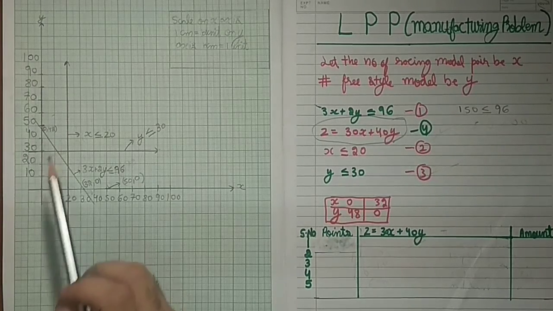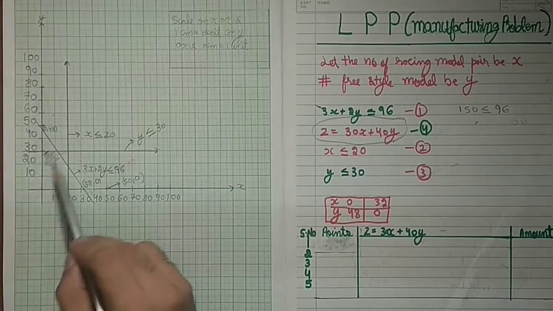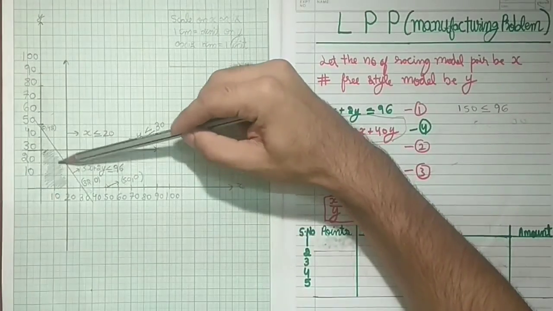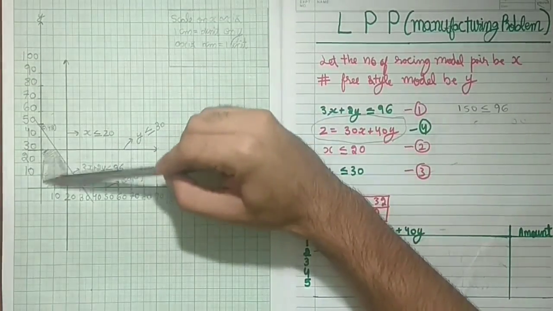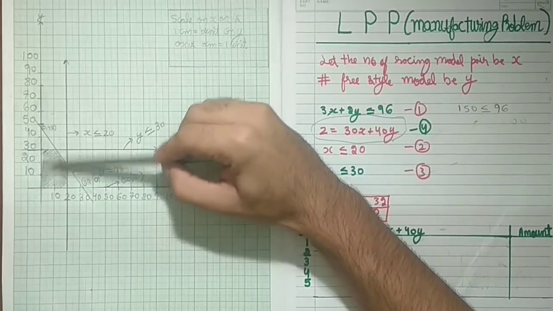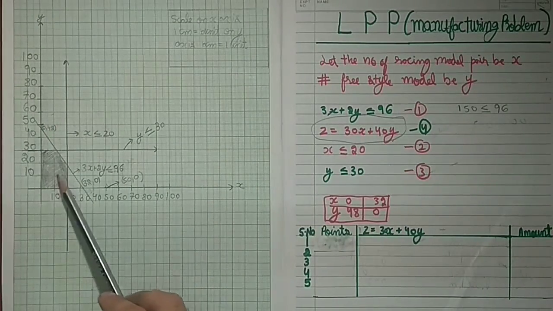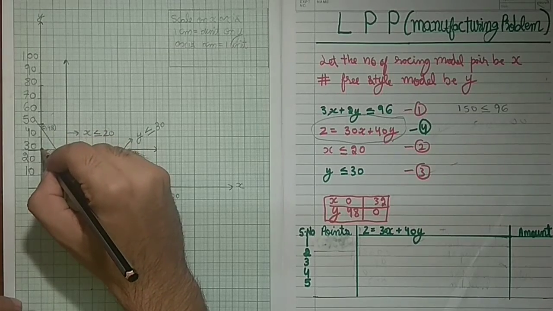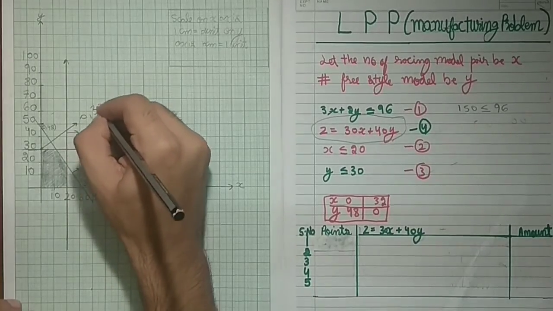Using the three graphs, we find the common area of intersection, which is this portion. I am shading it. If we look at this figure, it has 5 corner points. Next, we will label all these corner points. The first point here is 0, 30.